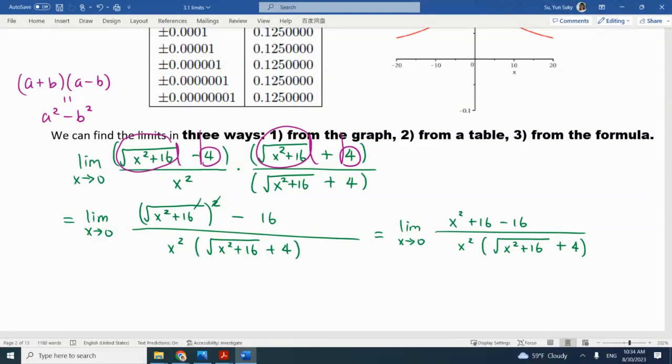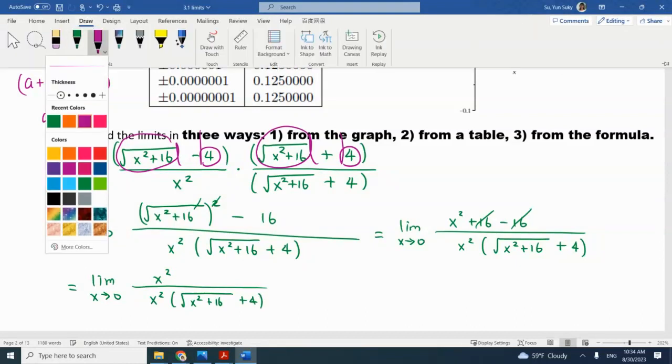What do we do now? Actually, cancel the 16 first. Yes, we cancel the 16 first. Maybe let me do it slowly, because I'm so afraid that you would think, okay, so let me write it down here. Be careful.